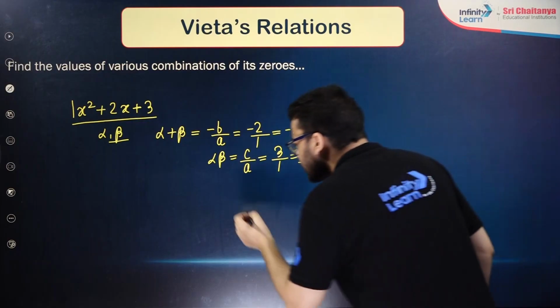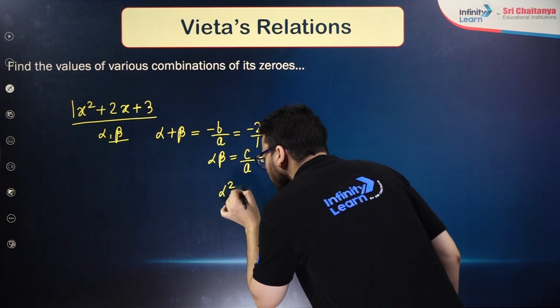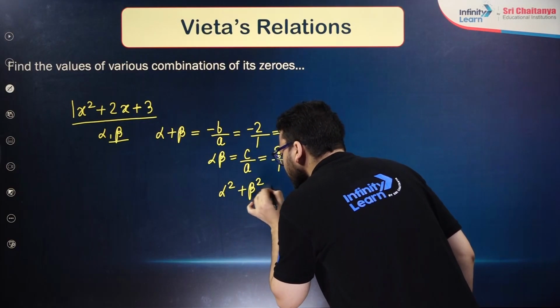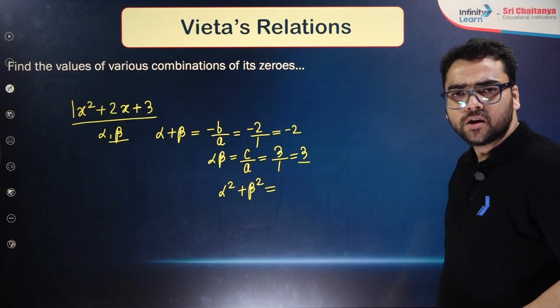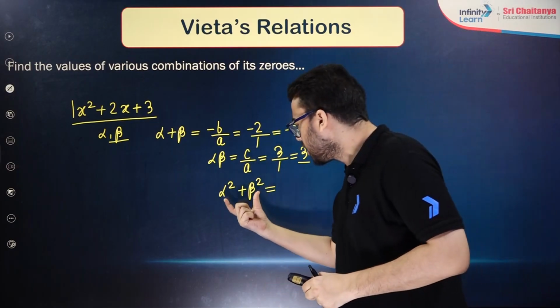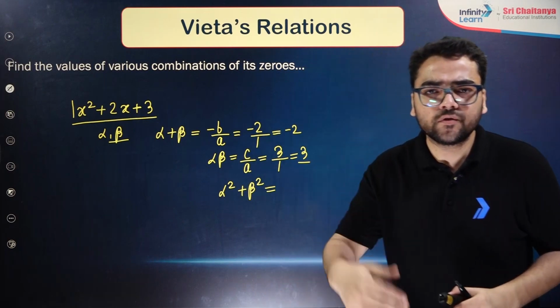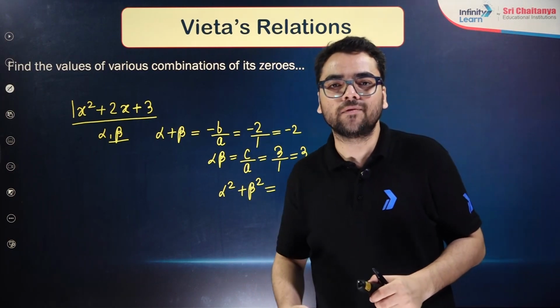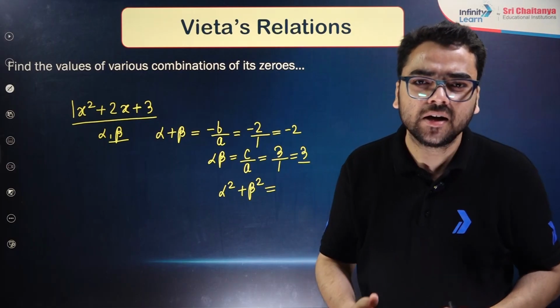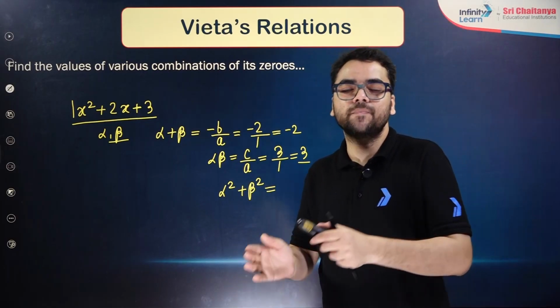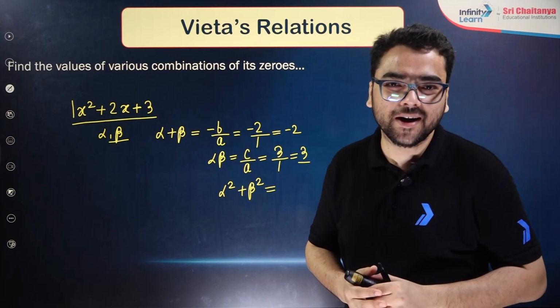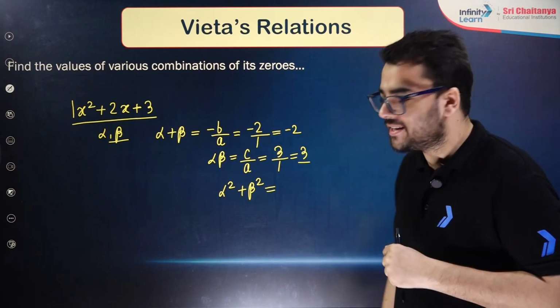So suppose they ask you to find the value of alpha square plus beta square for this quadratic polynomial. Whatever the quadratic polynomial given to you, you have to try to convert it in the form of alpha plus beta and alpha beta, so that you can use the relationship between zeros and coefficients of quadratic polynomials using identities.